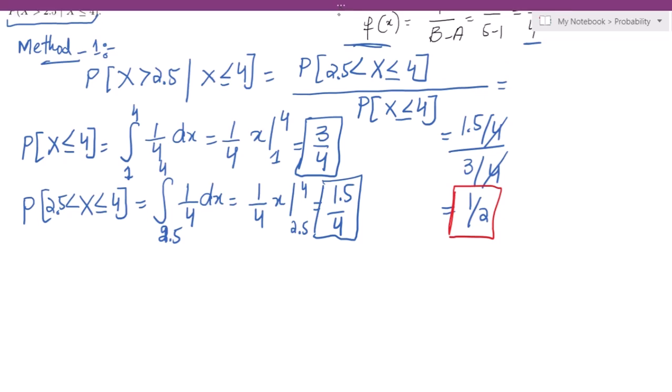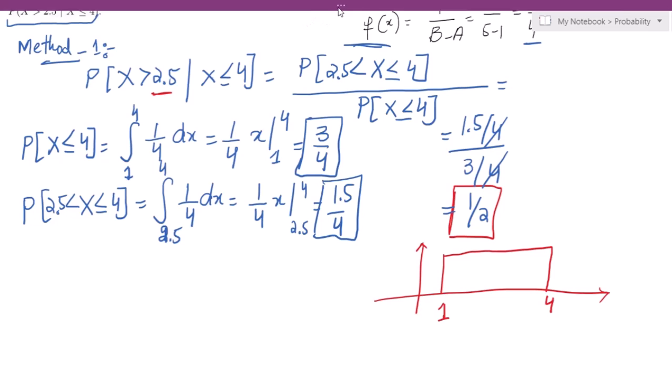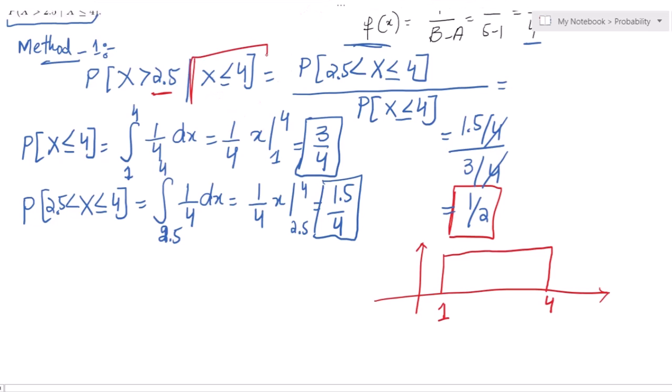In the second method, let me draw the distribution here. As we are not given any values above 4 in this condition, we are confining ourselves from 1 to 4. These are the values where x is less than or equal to 4.